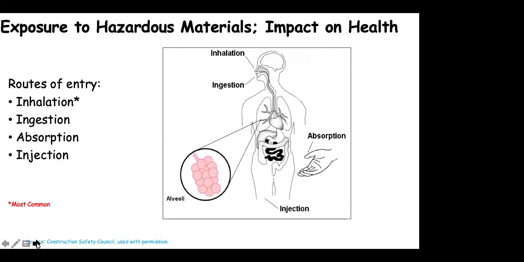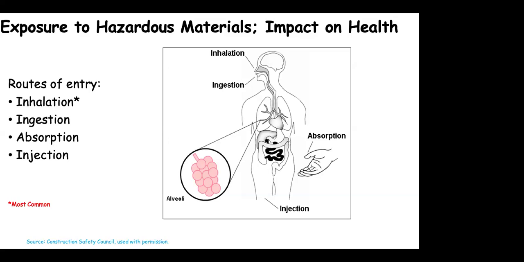Okay, so now, how do we get these materials to impact on our health? The routes are inhalation, ingestion, absorption, and injection. What do we mean by that? Inhalation, when we are breathing, we inhale these materials. Then ingestion, mostly is through the mouth, eating it.